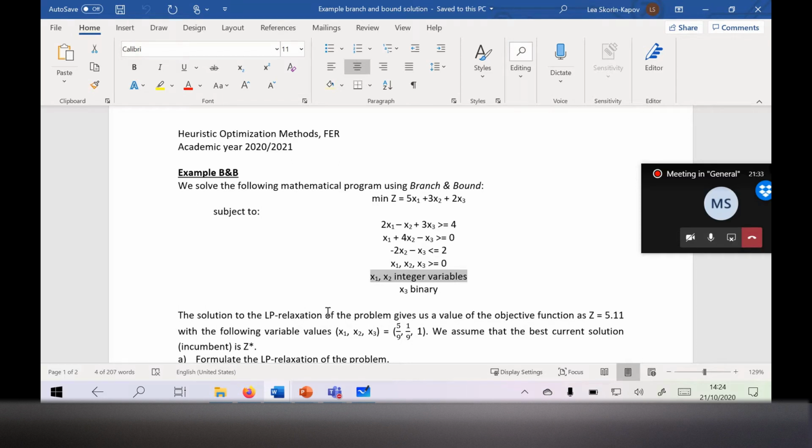Okay, how would we formulate the LP relaxation concretely of this problem? What do we do in terms of this formulation here? How do we modify it so that it corresponds to the LP relaxation? We delete the last 2 rows. So we just have this. But would it make sense, since we know that x3 is binary, to also add one more thing?